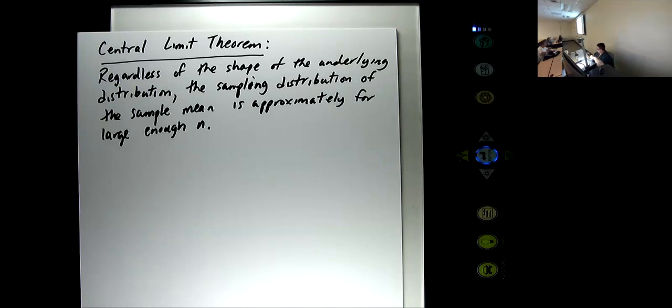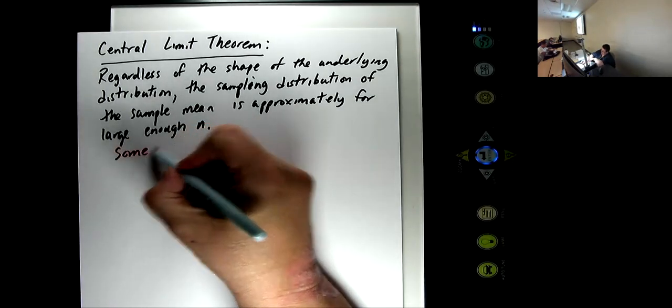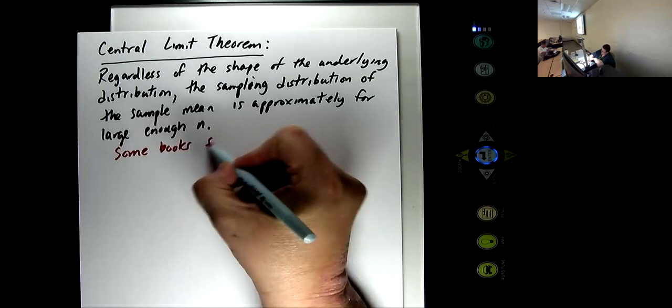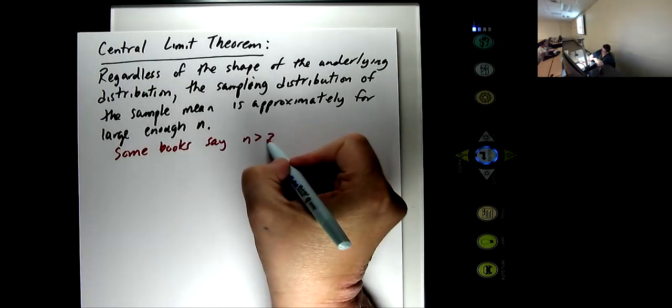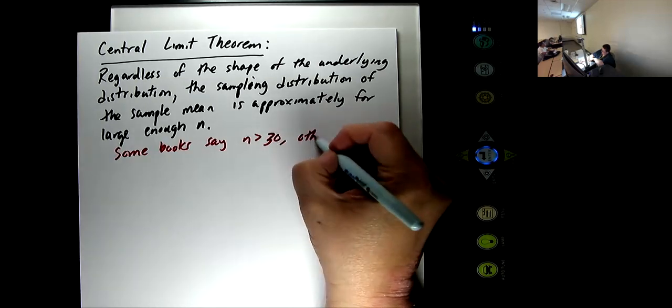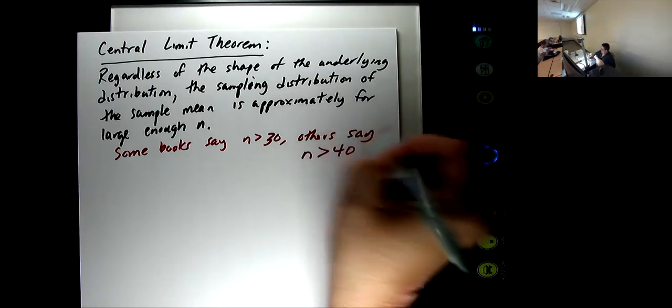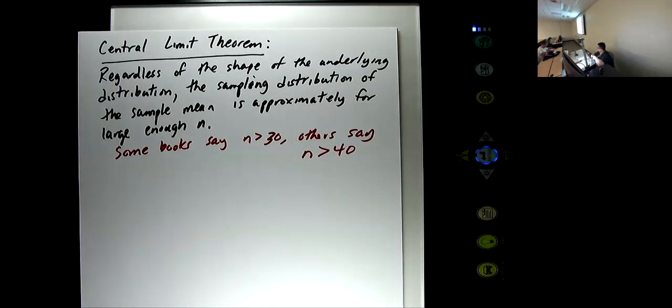Now, what's considered large enough n? There's different values listed in different books. Some books say n greater than 30. Others say n greater than 40. I think if you stick with the higher one, you're definitely good. But the critical value table only goes up to n equals 30. So you're pretty good with either one.